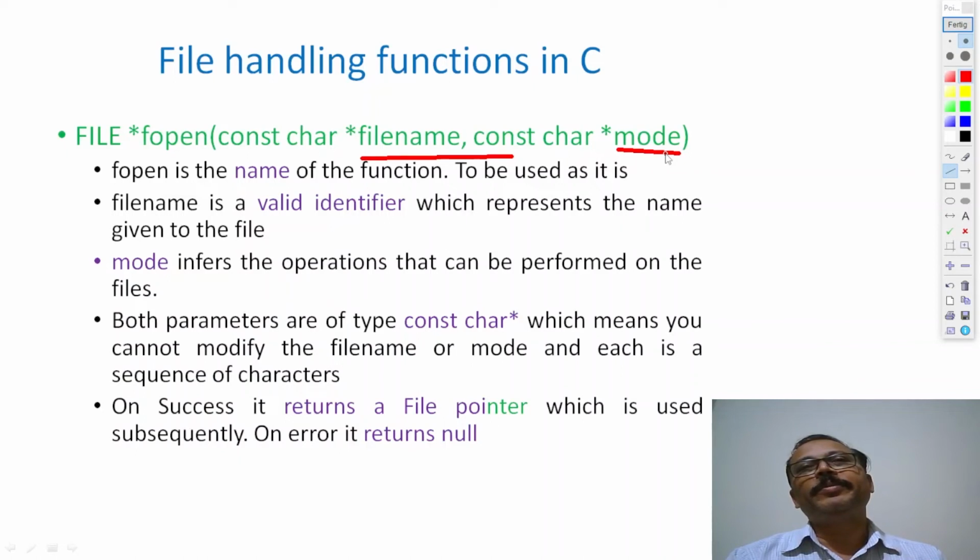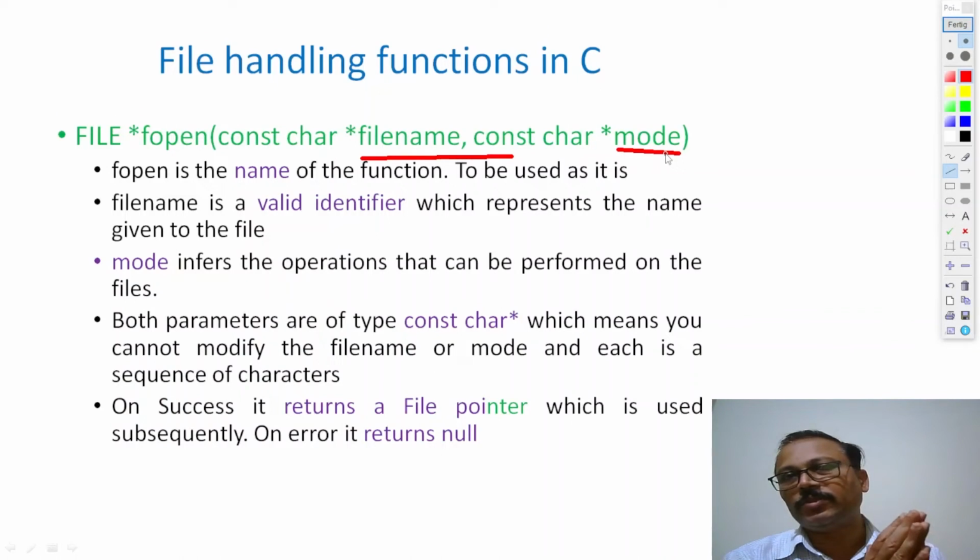The file name, as usual, is a user defined identifier. There are different modes of operation. We will discuss in the next session the different modes for both text files and binary files. But for the time being, mode means whether you want to read the file, write the file, or read and write to the file.